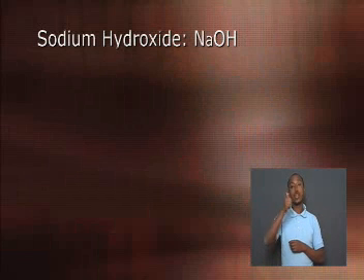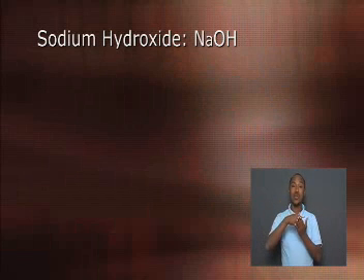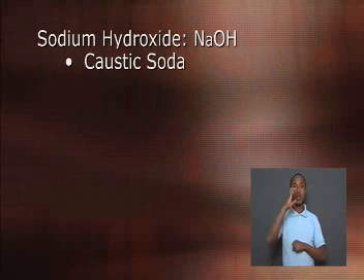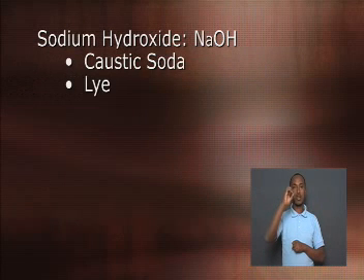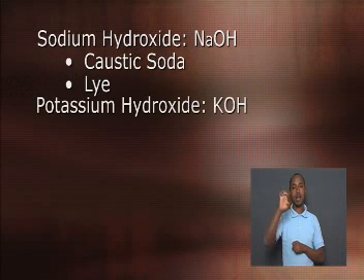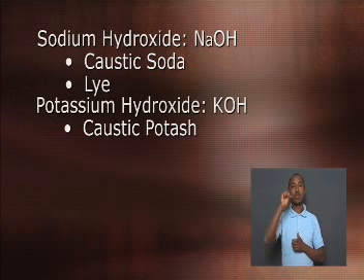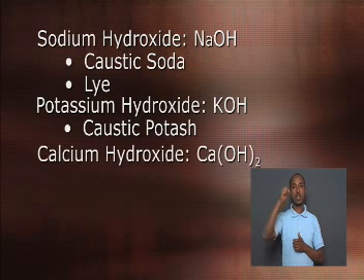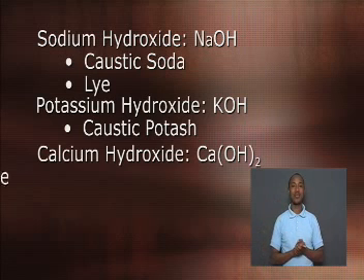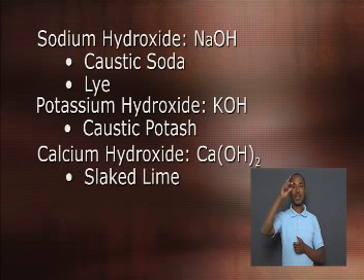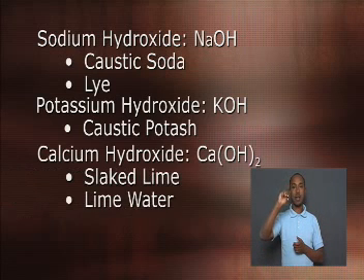Sodium hydroxide is also referred to as caustic soda or lye. Potassium hydroxide is also referred to as caustic potash. Calcium hydroxide is also referred to as slaked lime or lime water when it is dissolved in water.